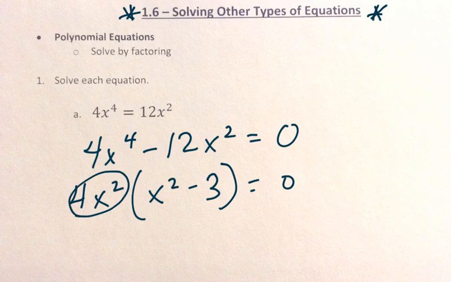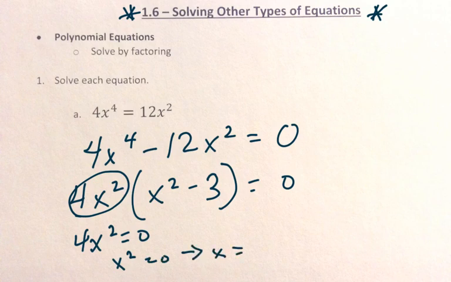Now that means that 4x squared equals 0, which means x squared equals 0, which means x equals 0 is one of my results. That would have a multiplicity of 2, so it's a touch point instead of a cross point. That's going back to our last test, or test 3 content.